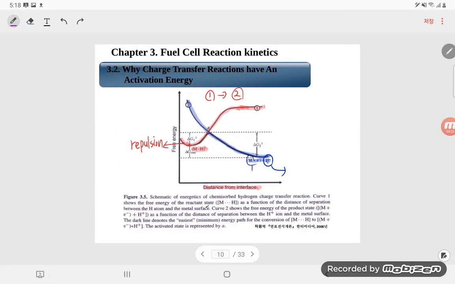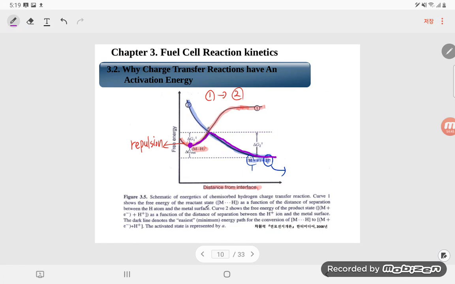From this start point, the MH is converted through this reaction. So this is the energy level, and this is the reason why there is activation energy for the reaction to happen.